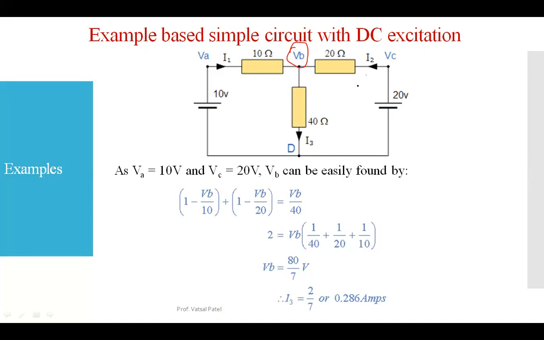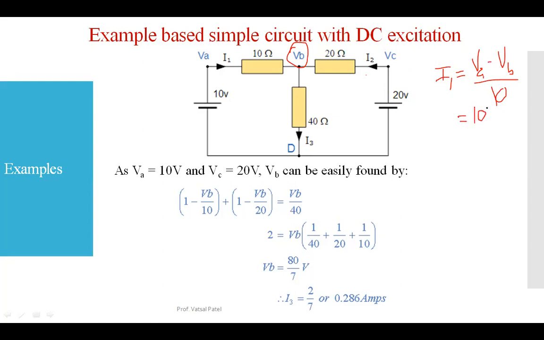Now, can you identify the I1 and I2 separately? So what is the I1 equation? Can we say I1 is equal to, according to the equation, VA minus VB divided by 10. So what is VA? It is 10 volt.